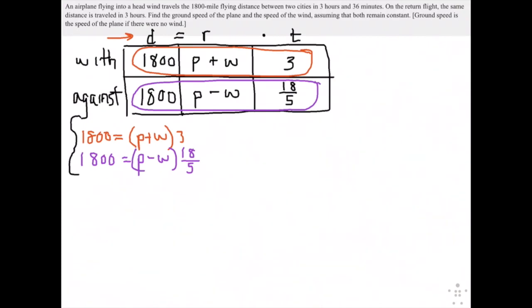Now, I'm going to simplify these equations. So the top one, I'm going to multiply both sides of the equation by 1/3 because I want to get rid of that 3. And on the bottom one, I'm going to multiply both sides by 5/18, because I want to multiply by the reciprocal to get rid of that. So I'm going to multiply both sides of the equation by that and see what I end up with.